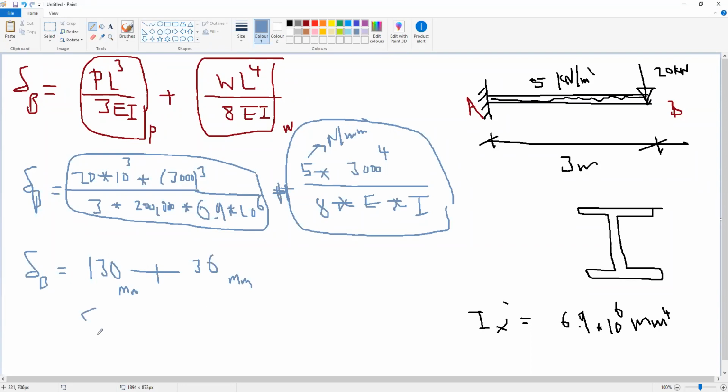So the final deflection will be 166 millimeter. So the deflection at B for this case will be 166 millimeter. Okay. So this is the deflection calculation we need to do today. And do you have any questions for these calculations?